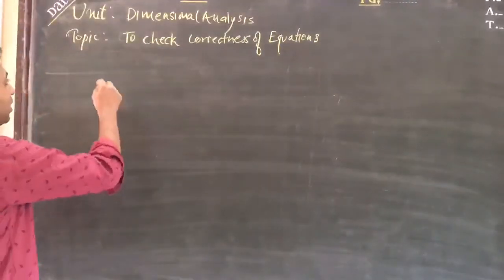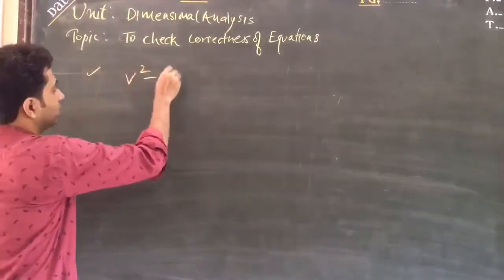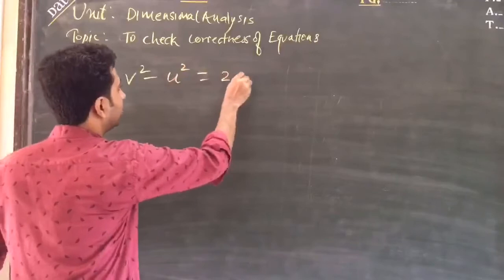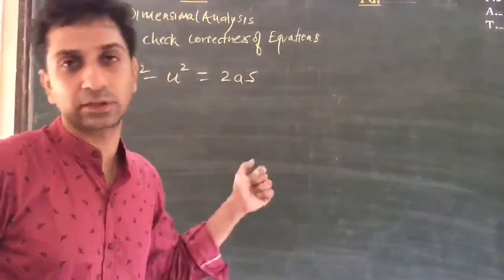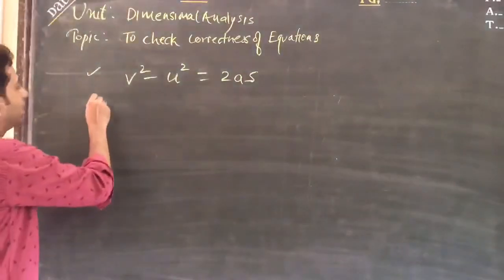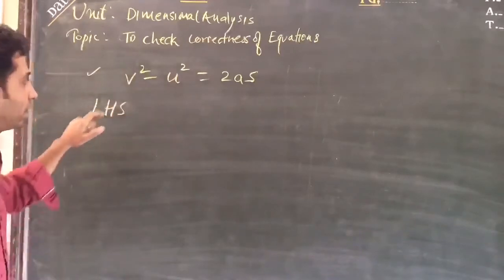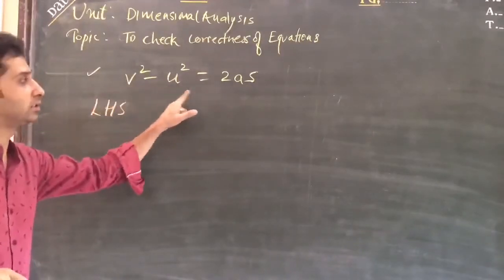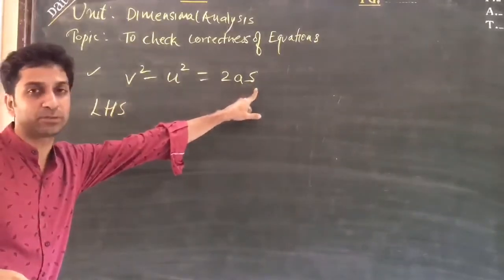A very basic equation you have done in lower classes: v square minus u square equal to 2as. You know that v and u represent velocities, a represents acceleration, and s represents the displacement or distance.